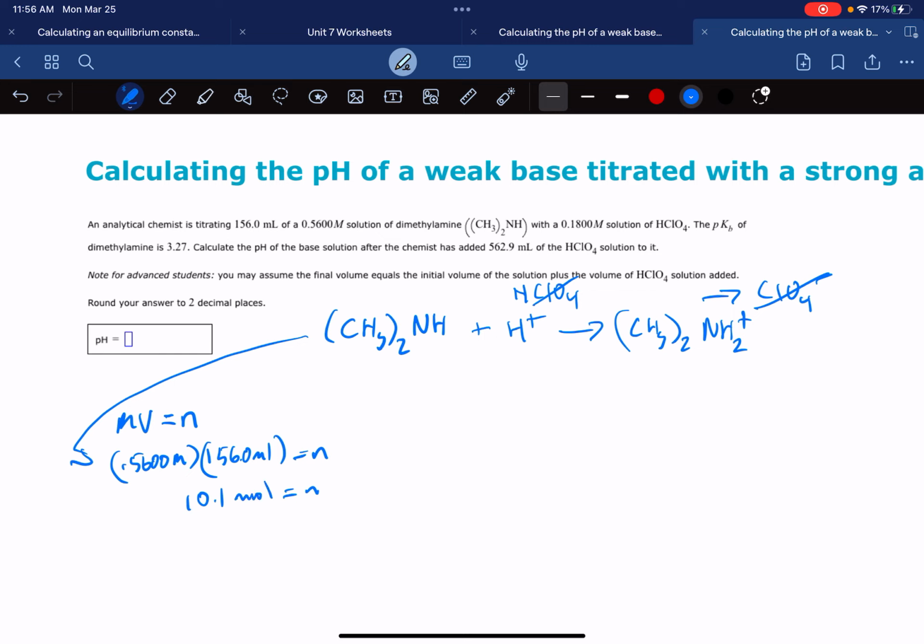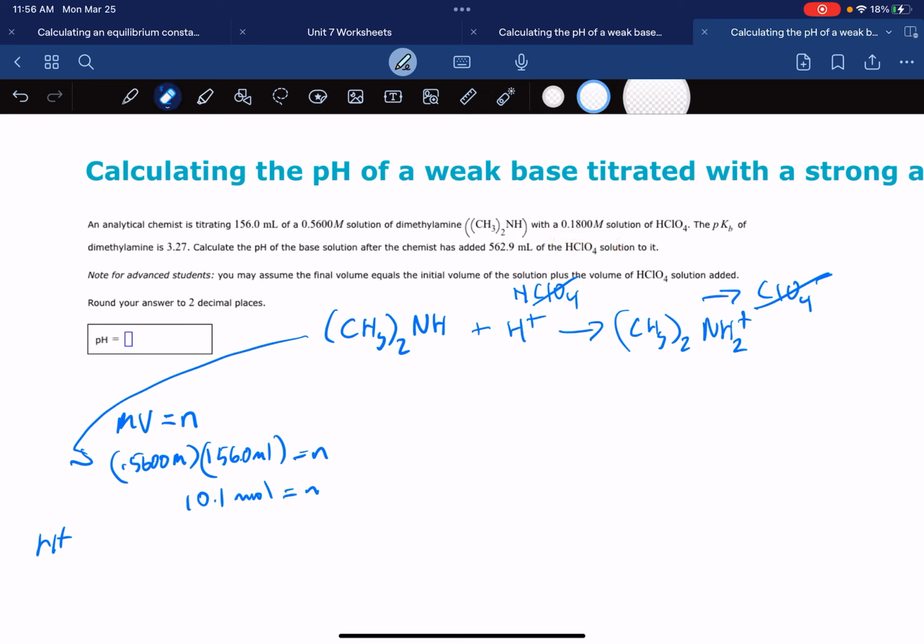millimoles. Now, if we do the exact same thing for our H+, what are we given here? Well, we have 562.9 milliliters, and we have a 0.1800 molar solution. So how do we put that in here?